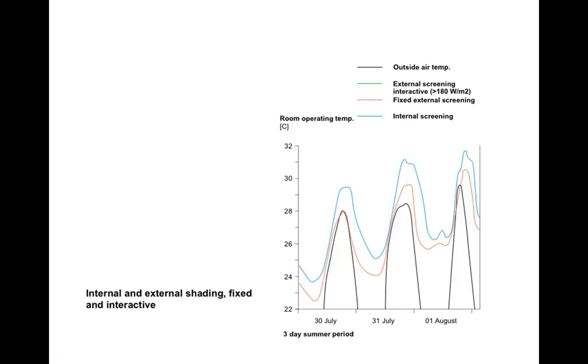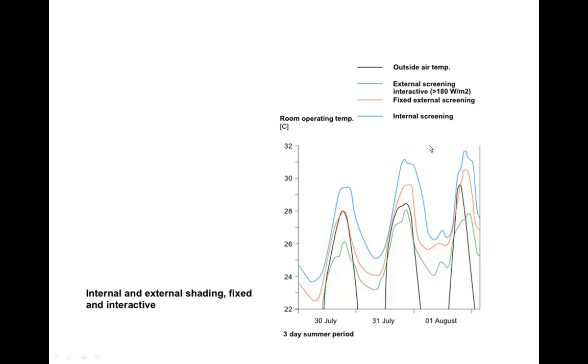If we now look at the fixed external screening in red, it's much more effective at controlling those internal temperatures. And then the last one, the green one, is an interactive screening. What we mean by that is that this is a shading device, or louvers, which can adjust depending on the sun intensity.